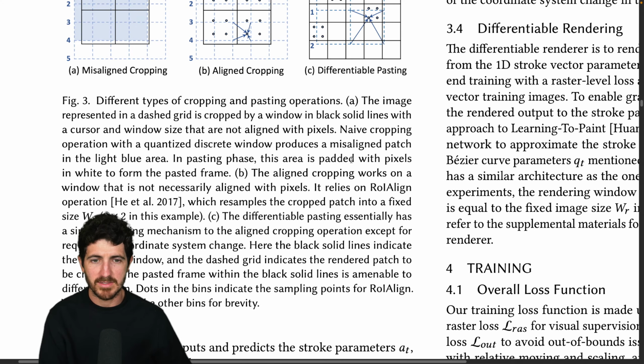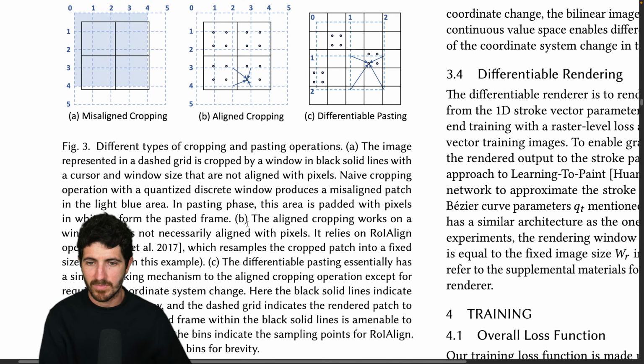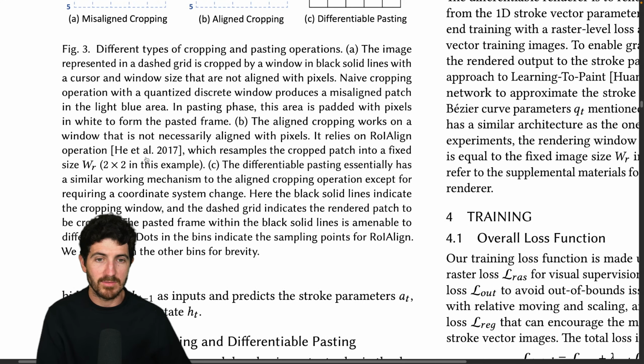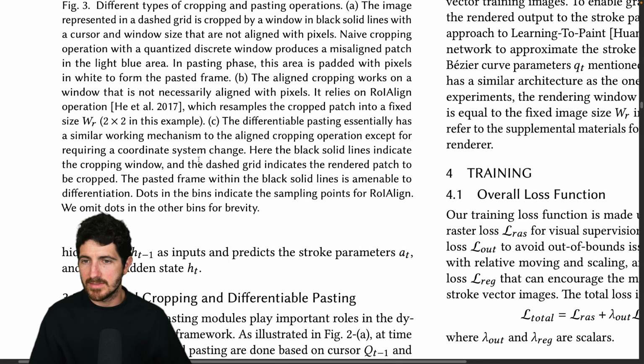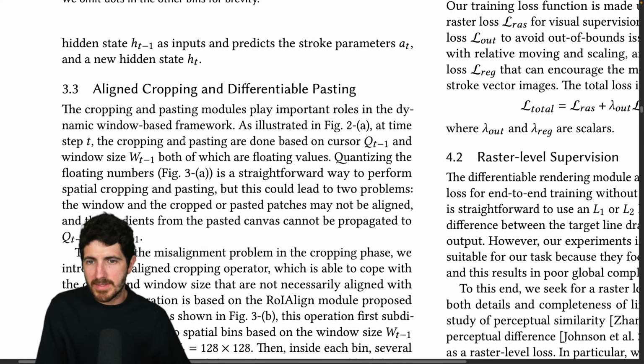In the pasting phase, this area is padded with pixels in white to form the paste frame. The aligned cropping works on a window that is not necessarily aligned with pixels. It relies on a RoI align operation, which resamples the cropped patch into fixed size. Aligned cropping, differentiable pasting.